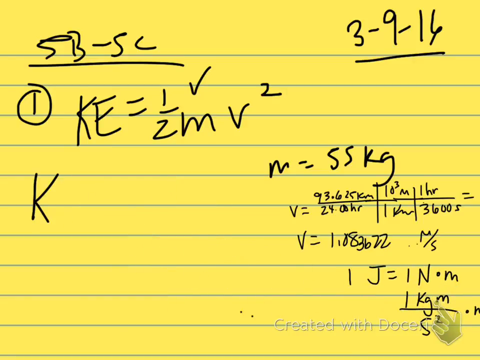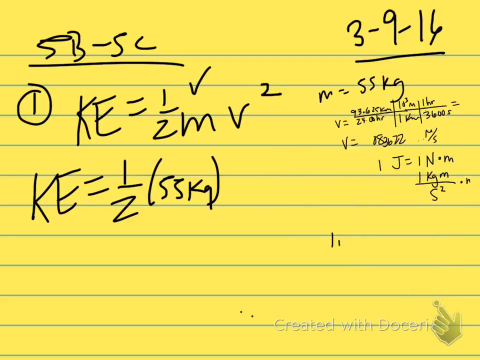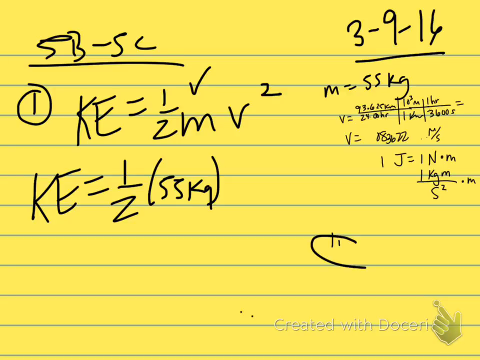Okay, so KE equals 1/2 times 55 kilograms times the 1.08, etc., meters per second, and that's squared.